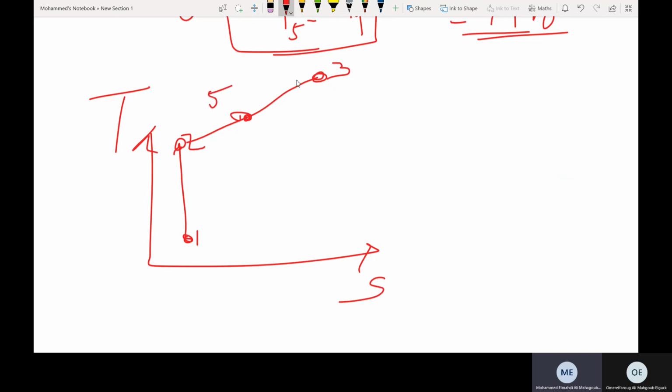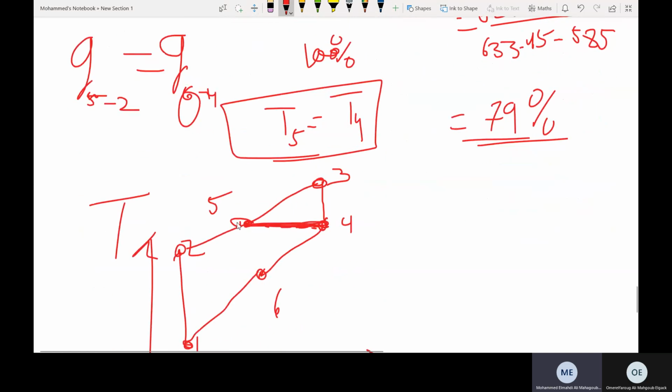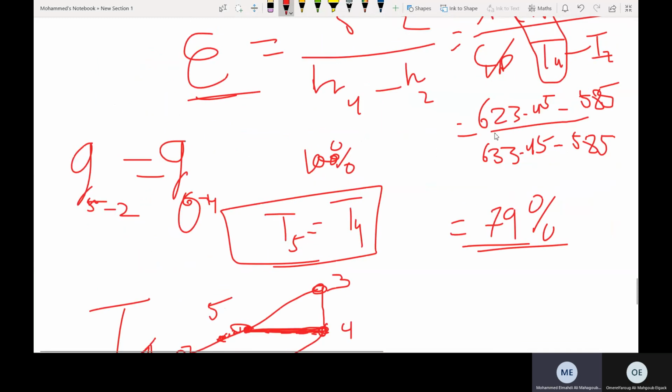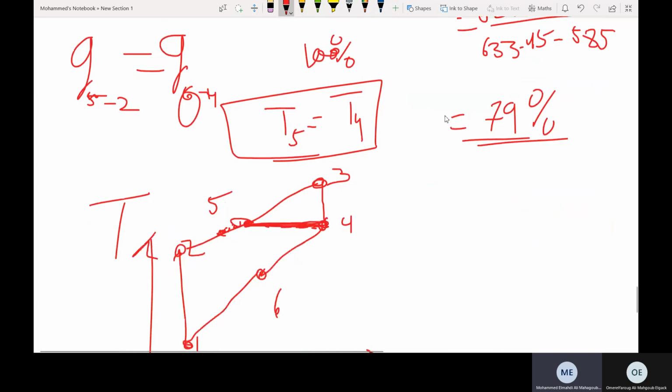Point 4 is going to be here, at the same height as 5, and then this is 6 and this is 1. So if 4 and 5 were at the same height, this is the maximum efficiency we can get from the regenerator. Of course, point 5 is going to be lower than point 4, somewhere here. That's why the regenerator efficiency is less than 100%.